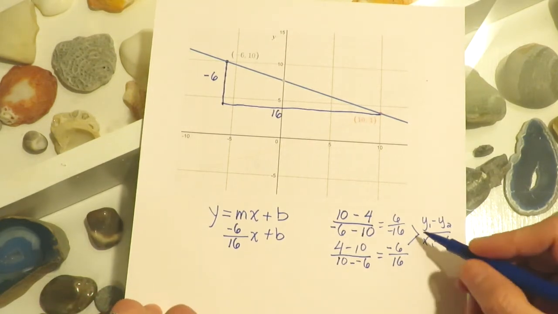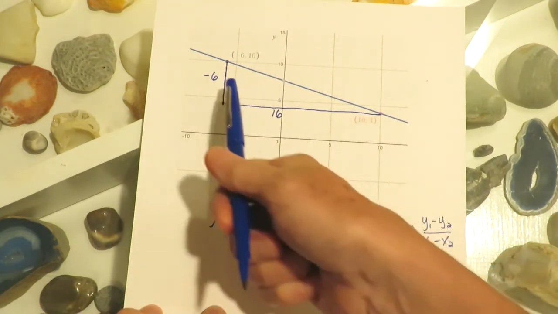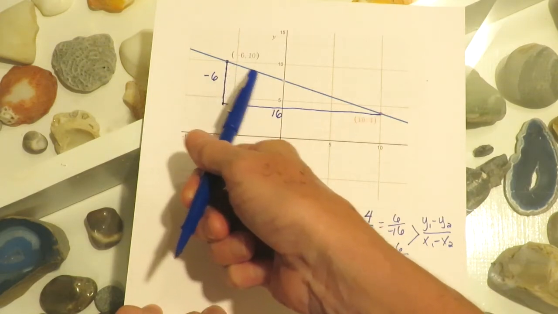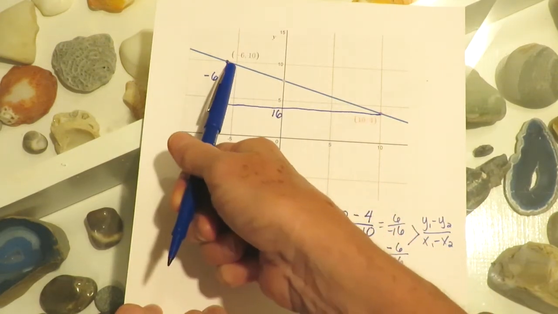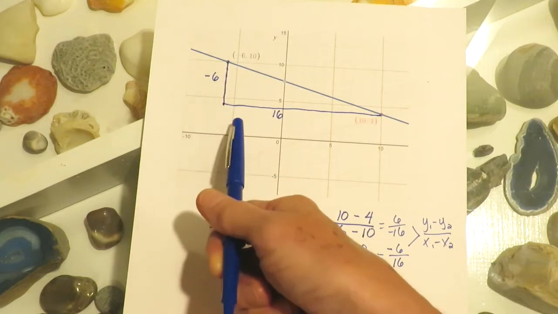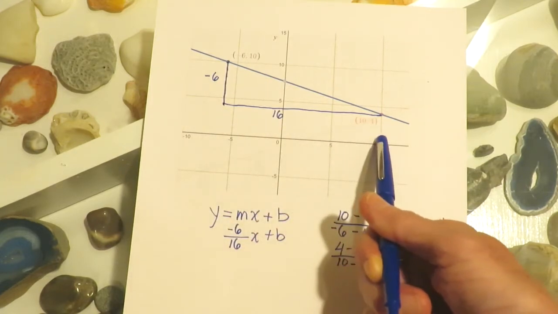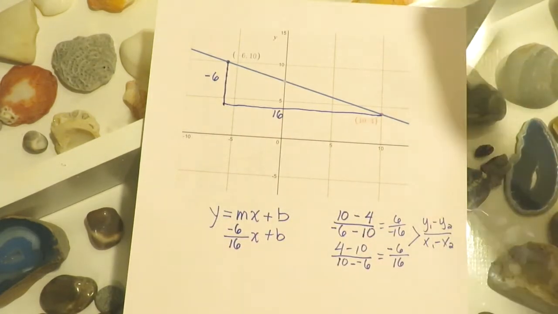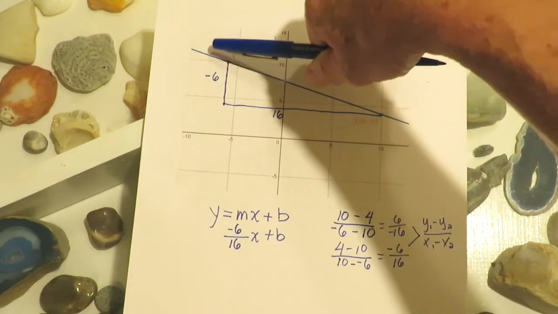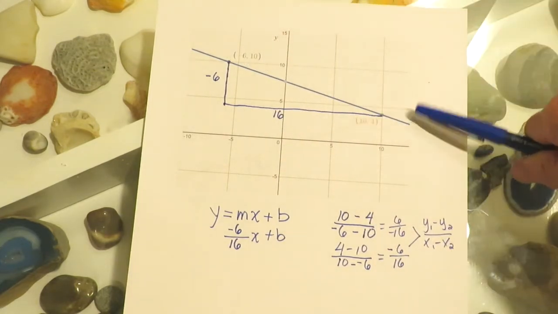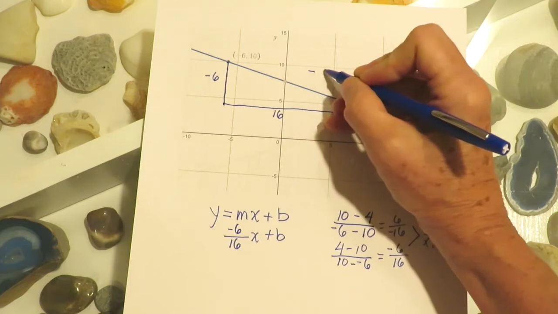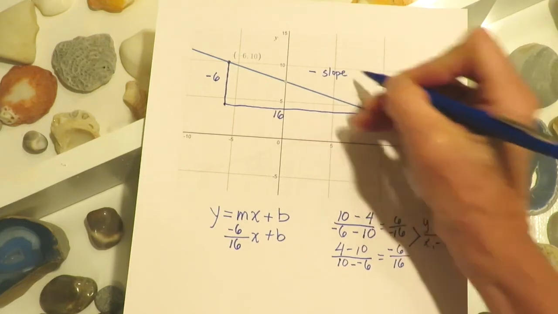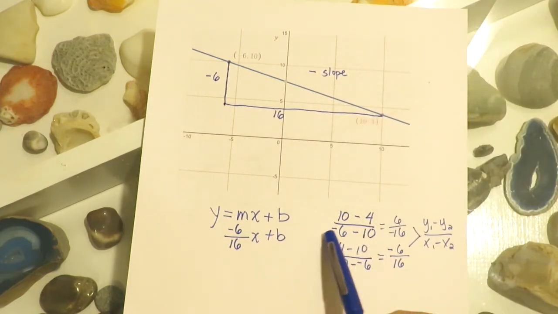If you accidentally mix that up, you can easily tell that the slope is negative or positive. I can tell this slope is negative because as my x values were increasing, my y was going downhill. If I was on my bicycle, I would be going down this hill. So I can tell that this is a negative slope. And that helps me double check if I've accidentally flipped around the differences.